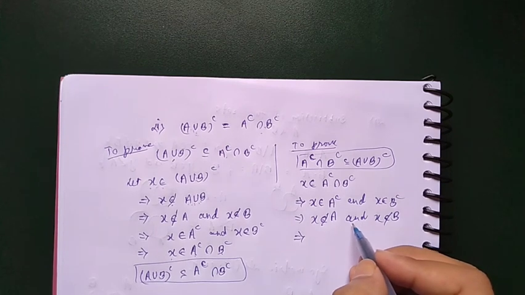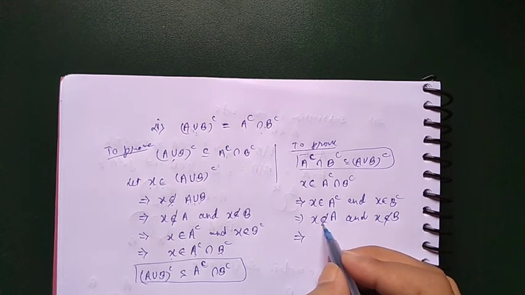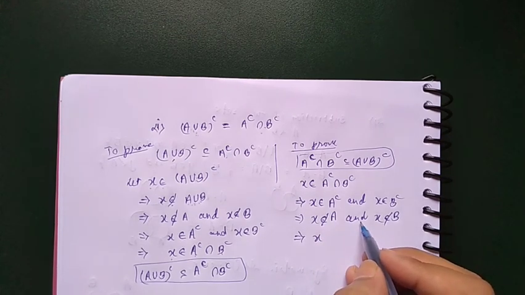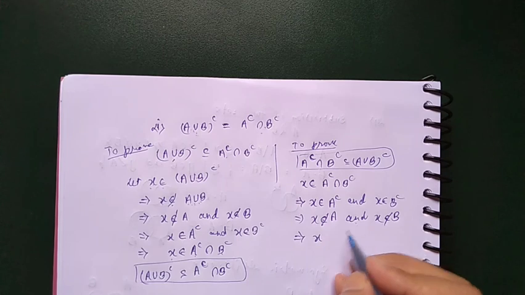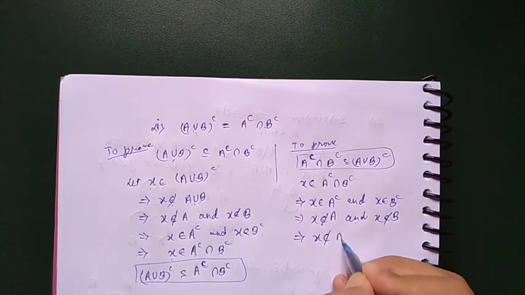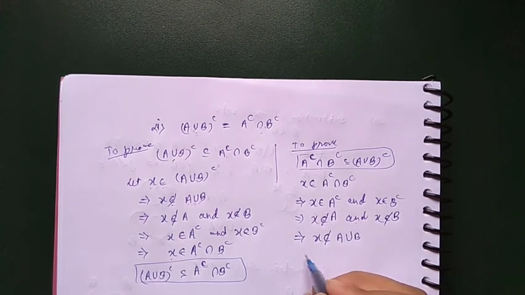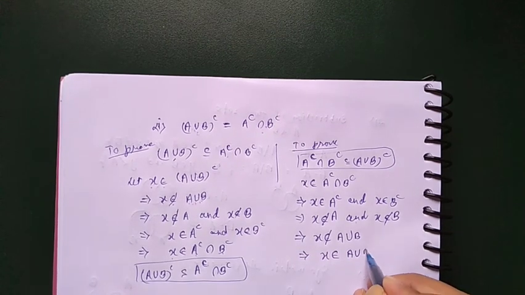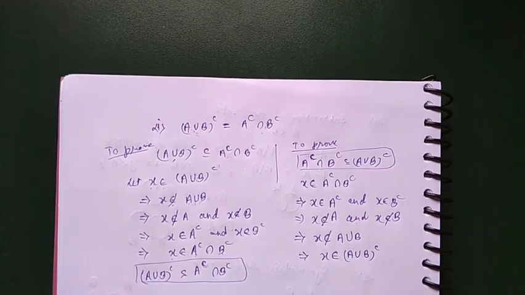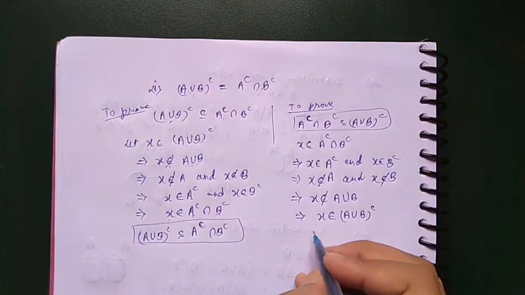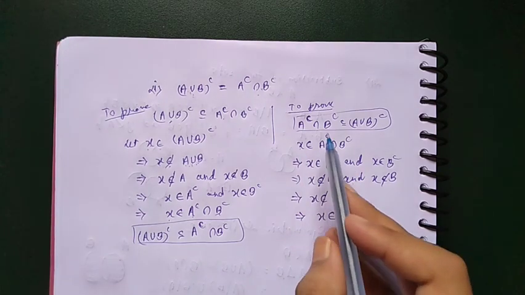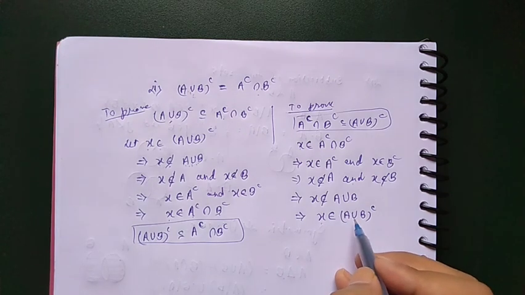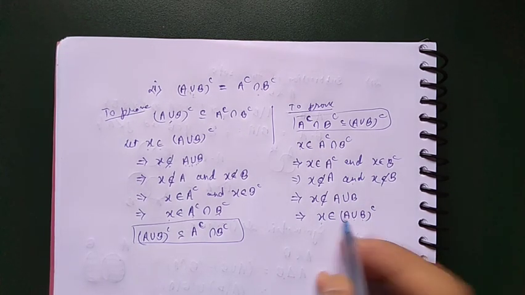Here there is the term AND, but also there exists a negation term, so we will use union here, not intersection. So X doesn't belong to A union B. This will imply X belongs to A union B whole complement. Also this X belongs to A union B whole complement.